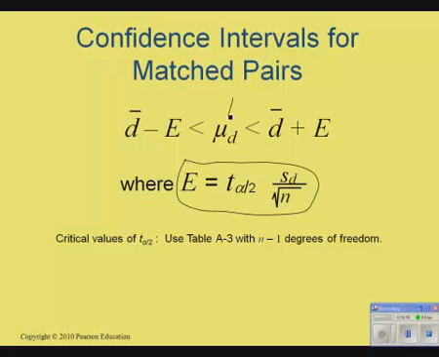If you're trying to find a confidence interval for the mean of the differences, then it's going to be between the sample mean plus E and the sample mean minus E. So what you need is the formula for E. But actually, that looks a lot like what you've had before, right? T alpha over 2, SD over square root of n.